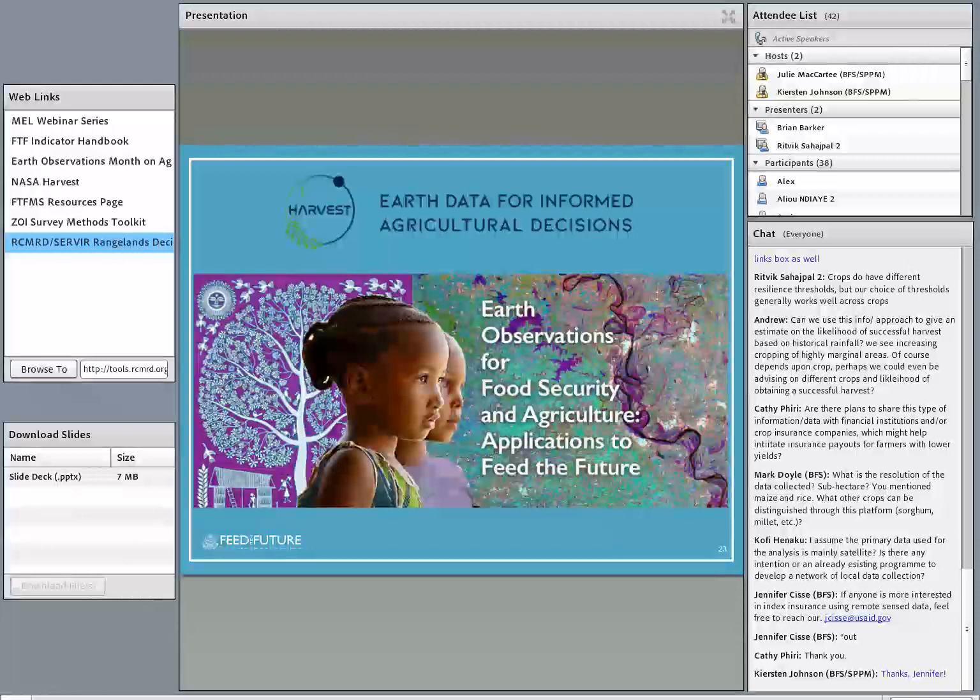That's a great question. Technically, the plots can be made for any crop. All we need to do is feed in the right crop mask, which will tell us which location of the country a particular crop is being grown in, and then we can extract the signals for NDVI, for temperature, for precipitation, which is used to compute SPI, and then we can make these graphics.